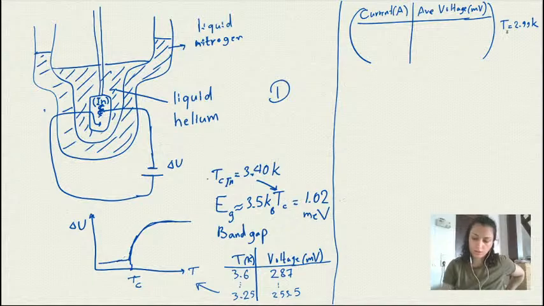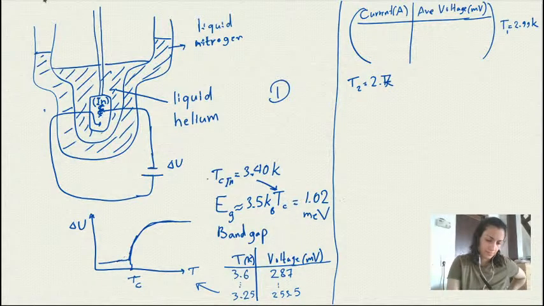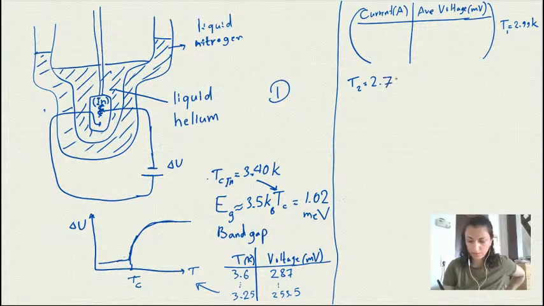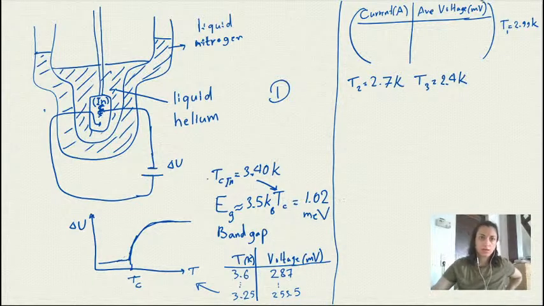We also got it for 2.7 Kelvin, and the third temperature, the next one, 2.4 Kelvin, is the data that we have.